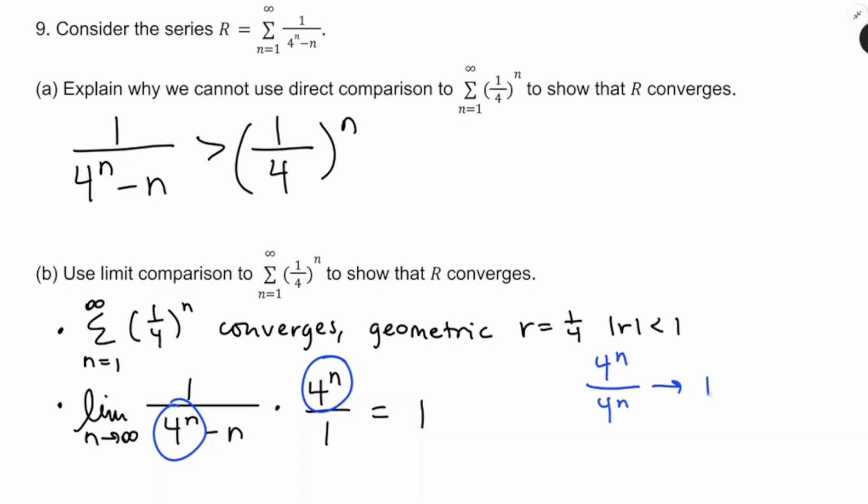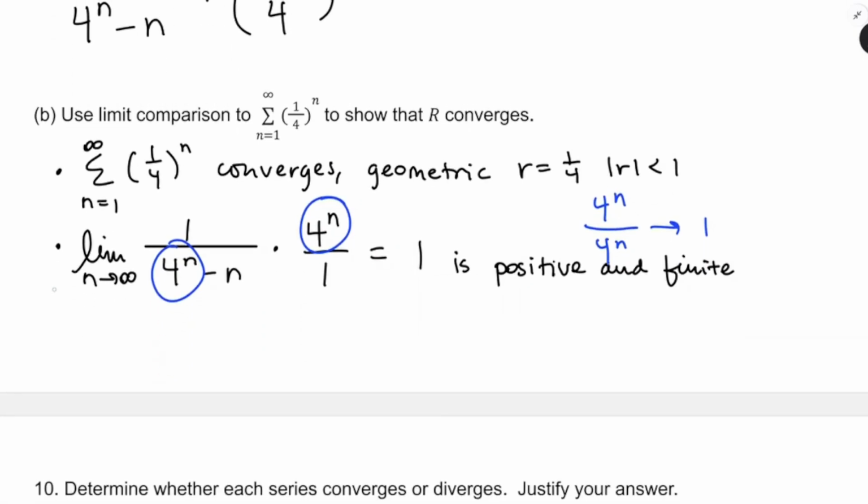Divide that by itself, you're going to get 1. But this result is positive and finite. And I can say that R also converges.